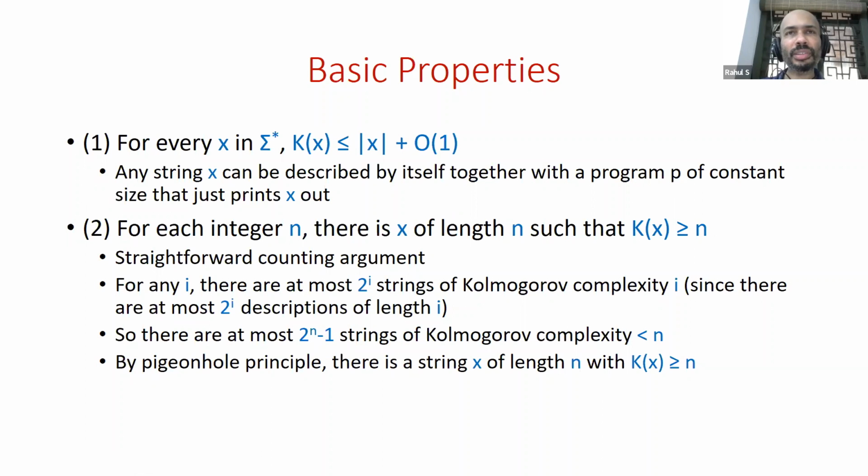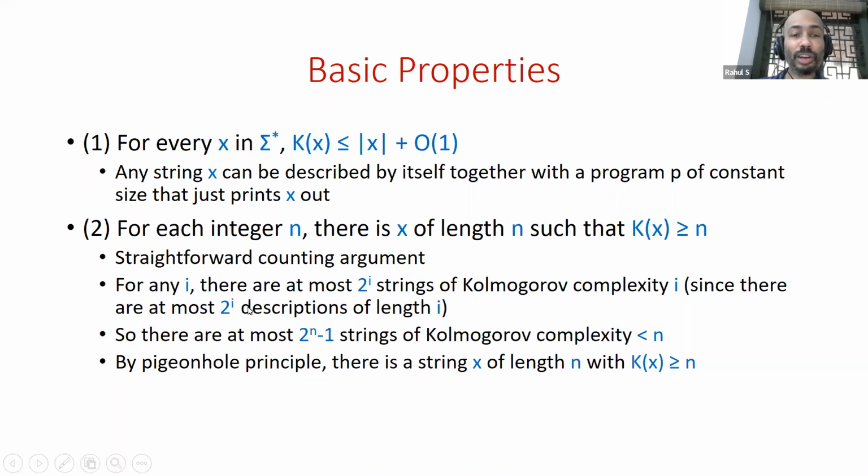Now, how about lower bounds? Well, by a simple counting argument, this is a property that you'd expect any notion of compressibility to have. There's going to be a string of length n such that it's incompressible, that the Kolmogorov complexity of x is at least n. And this is a very straightforward counting argument. For any i, there are at most 2 to the i strings of Kolmogorov complexity i, because every string of Kolmogorov complexity i corresponds to some program of length i, such that U on that program together with the empty string outputs x.